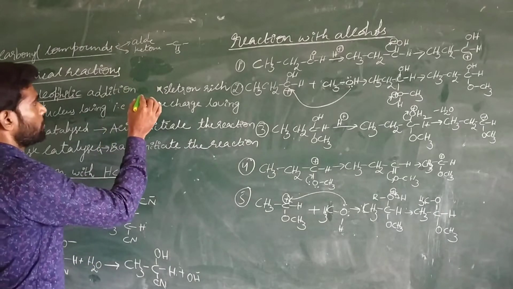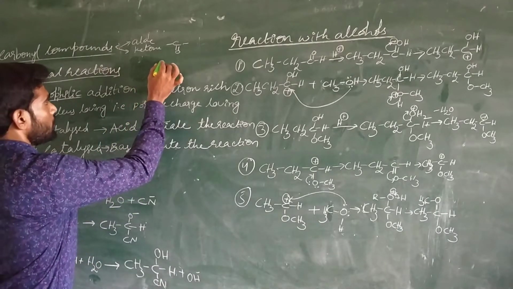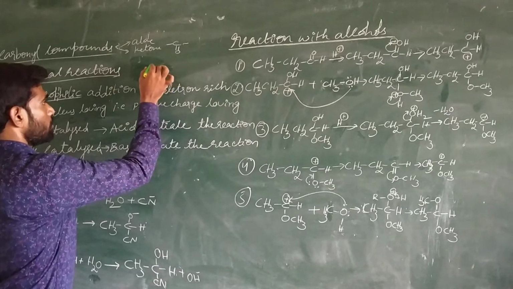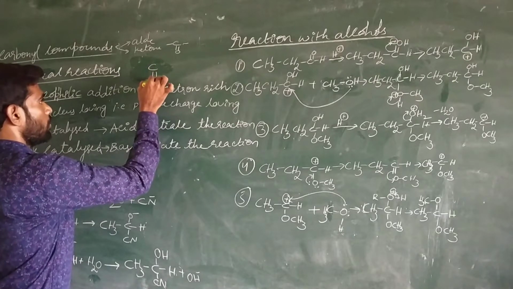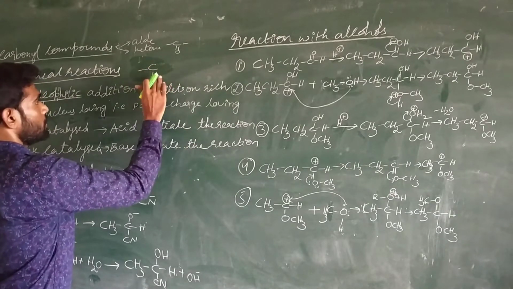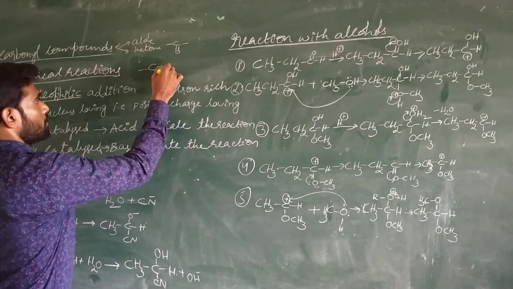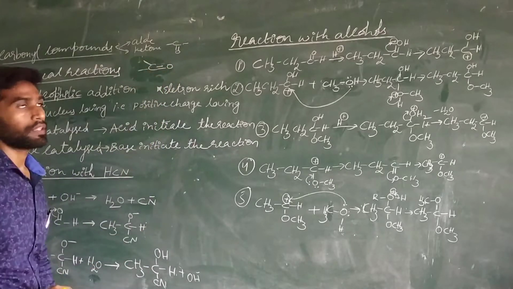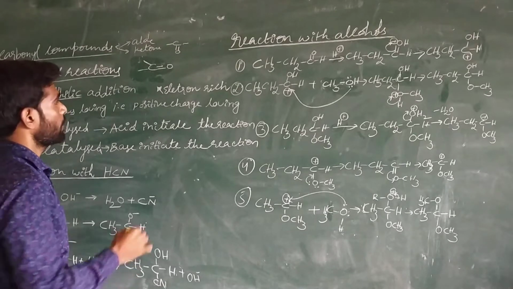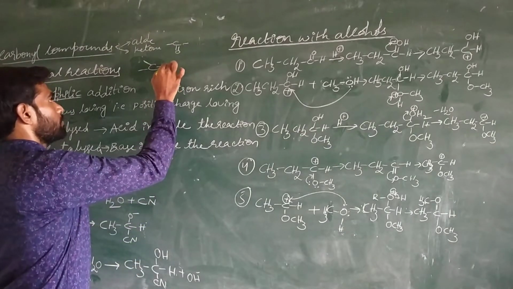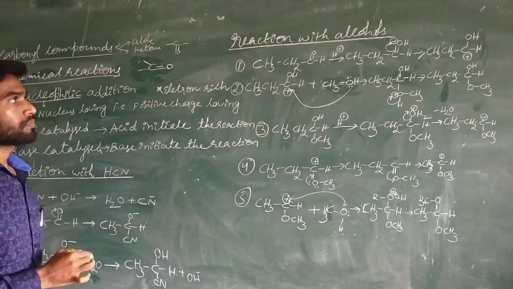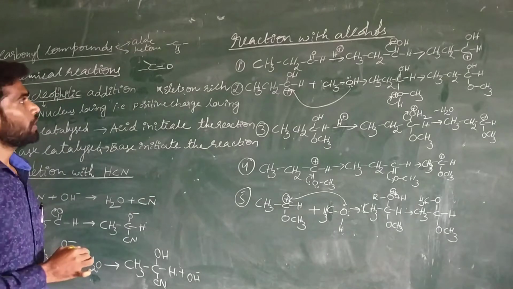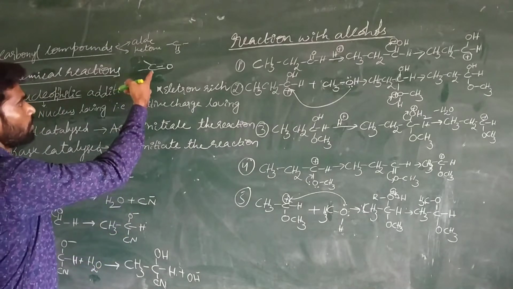in carbonyl compounds, C double bond O is the functional group, either in aldehydes or ketones. This oxygen has more electronegativity compared to carbon.